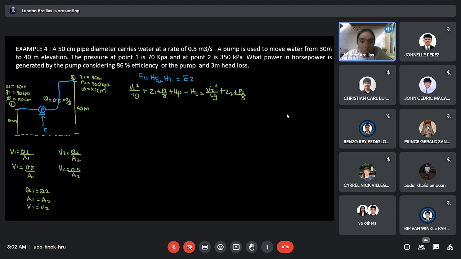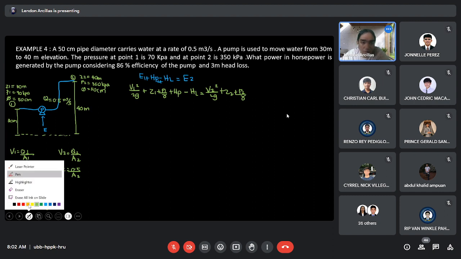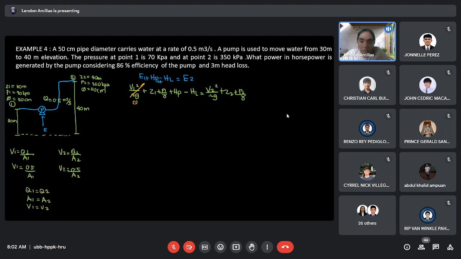So if you consider V1 and V2, if they are the same, automatically they become 0, right? Why would it become 0? When you transpose it to the left side, if we subtract the same value, it becomes 0. So when the diameter is the same, the velocity is equal, and when the velocities at point 1 and point 2 are the same, it becomes 0.